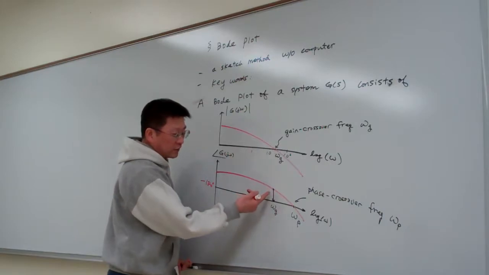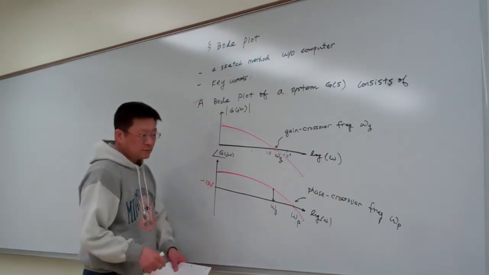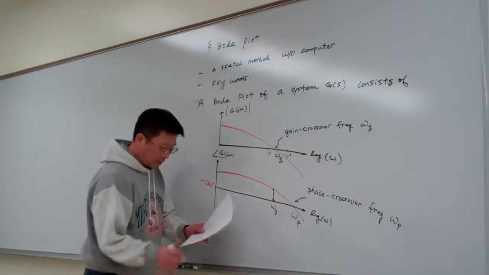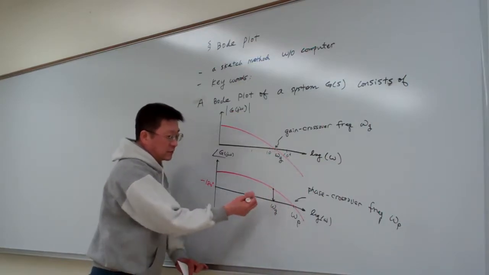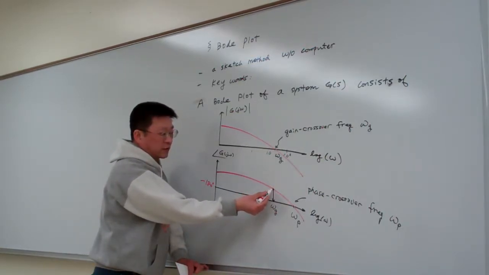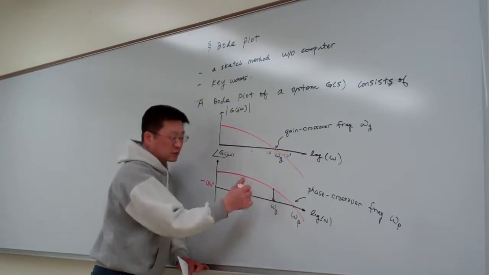So this one is what we call the phase margin. For example, here you can see this number is say minus 120. So minus 120 is above the minus 180 by 60 degrees. So this is called the phase margin here.